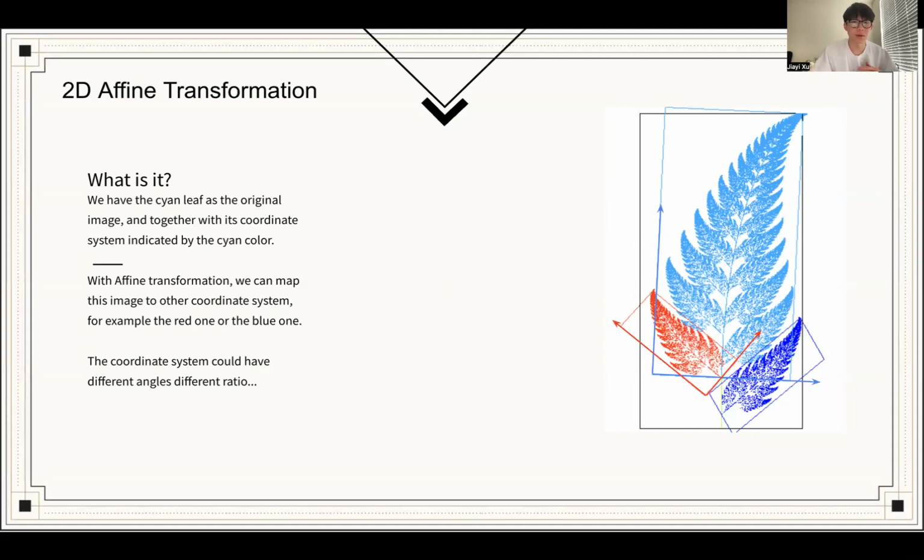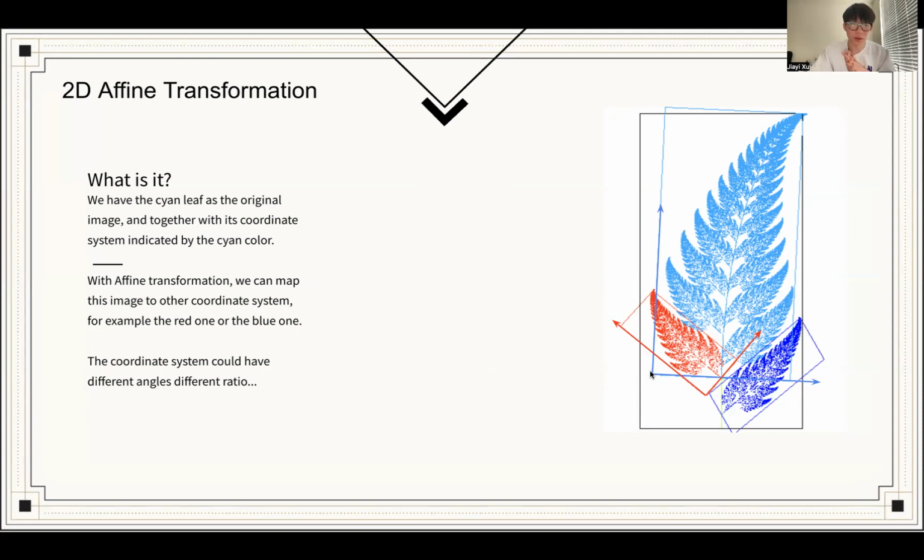To talk about this problem, I want to discuss it in 2D because 2D is really clear and simple, since we can use just one image to see everything. Imagine we have the original image, which is the biggest one here, together with its coordinate system indicated by the same color.